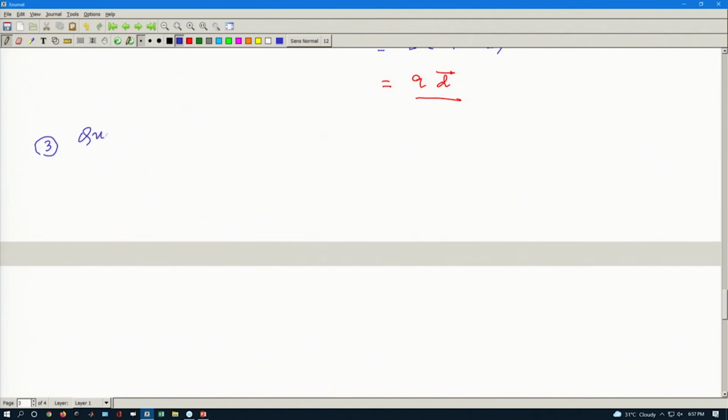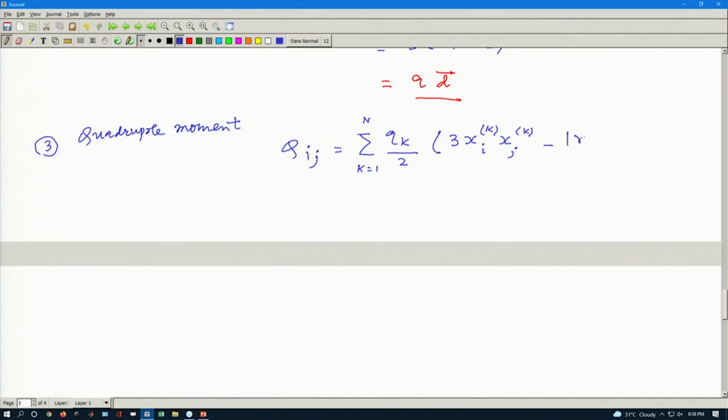So, the quadrupole moment Q_ij for discrete charge should be the summation of q_k divided by 2, the sum over k, which is 1 to n, n charge particles, and then I have 3 x_i, this is for the kth charge particle, x_j, this is for the kth charge particle, and then minus mod of r_k squared delta_ij, that was already there.